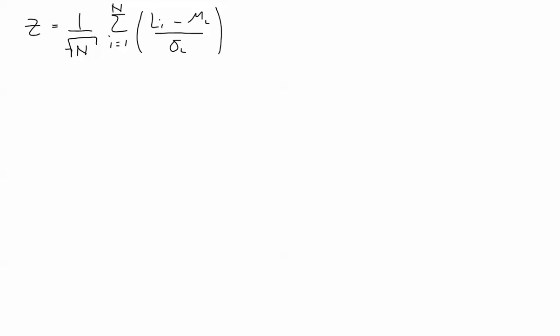Now what I'm going to do is pull out my standard deviation, and I can do this only because I'm assuming that the probability density functions governing the length of each individual gear pin are identical, meaning shape, mean, and standard deviation. I get 1 over sigma L square root of n.